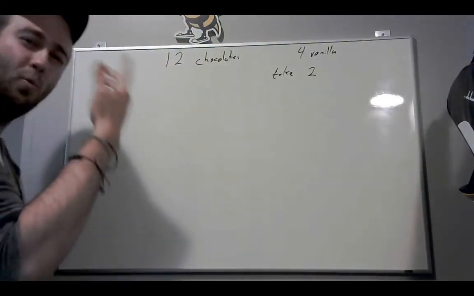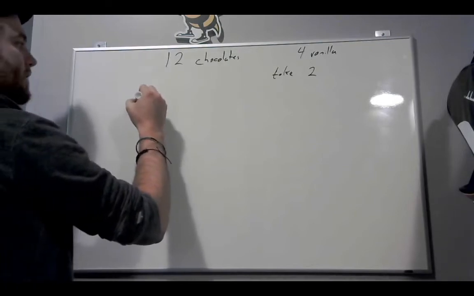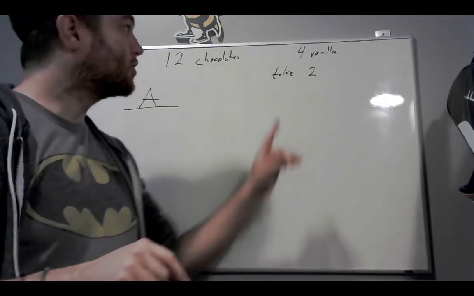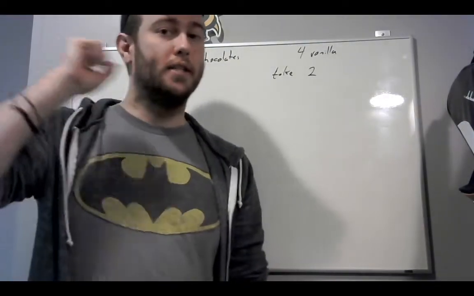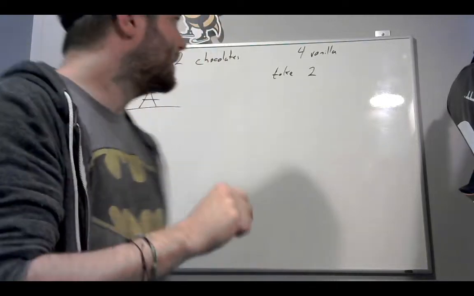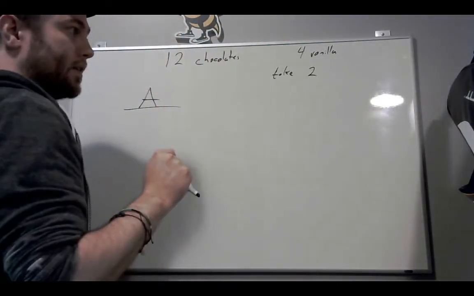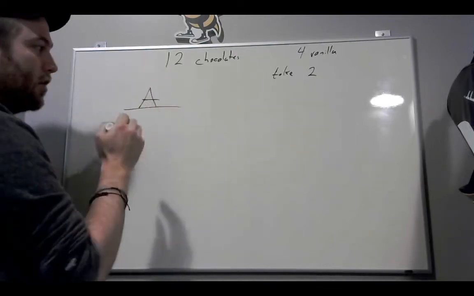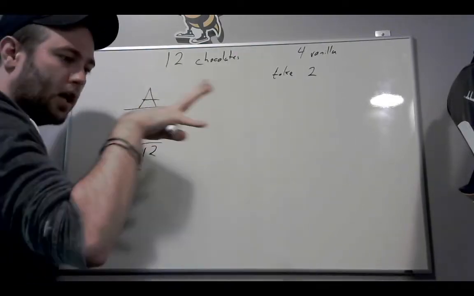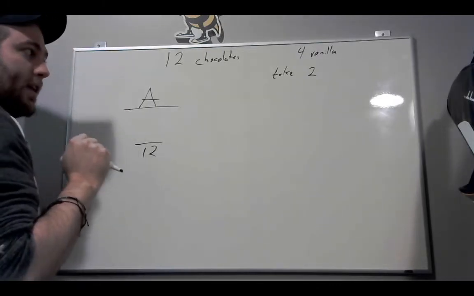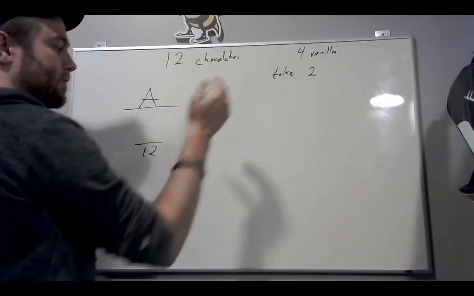So what that is, if I wanted to know my event A, so event A is I'm just trying to take one chocolate. So this is my first attempt. So what is the probability of picking a vanilla? So my total sample space is 12 because there's only 12 chocolates for me to go in, reach, and grab. And how many total different things do I have? Well, there's 4 vanillas.